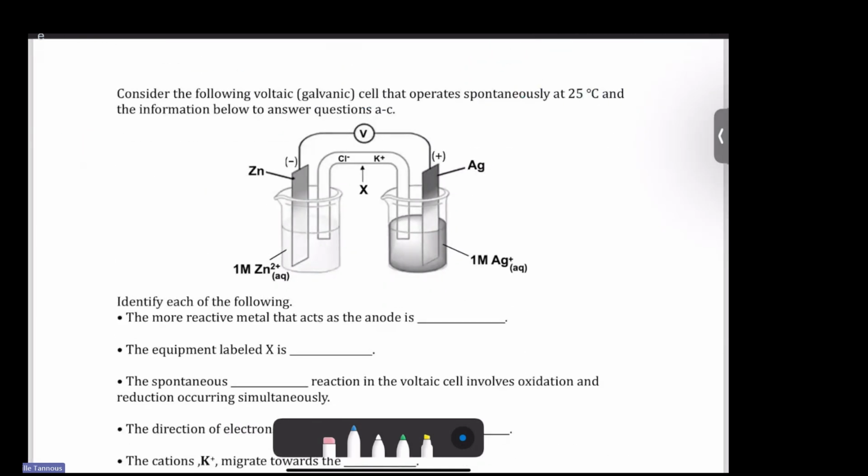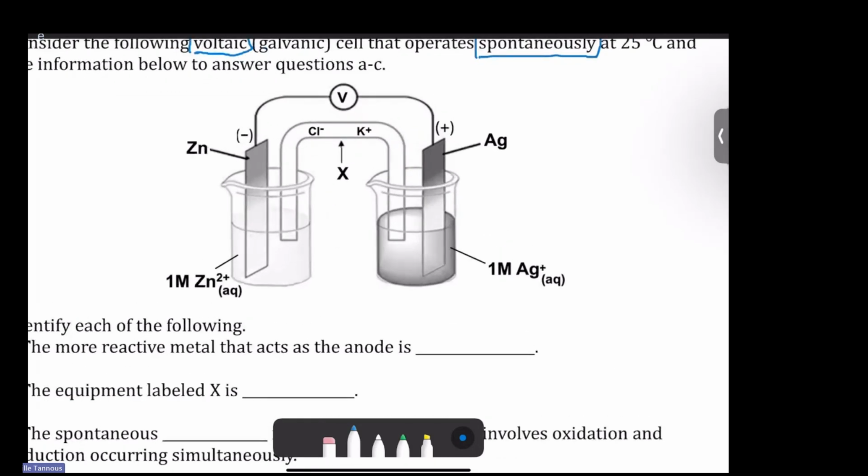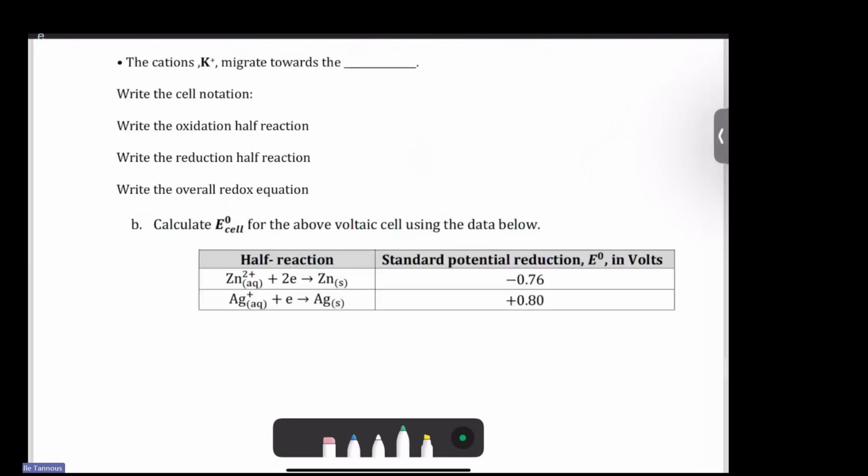Consider the following voltaic galvanic cell that operates spontaneously. So I know that this is voltaic. They've told me that it is spontaneous, chemical to electrical. Before you read any question, you have to look at the diagram to find the signs. Give me 1 second.